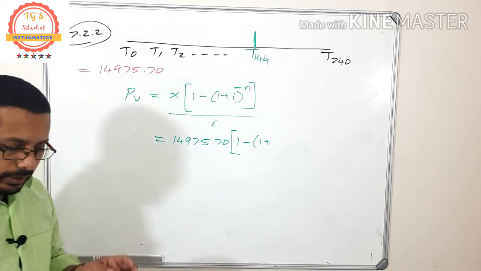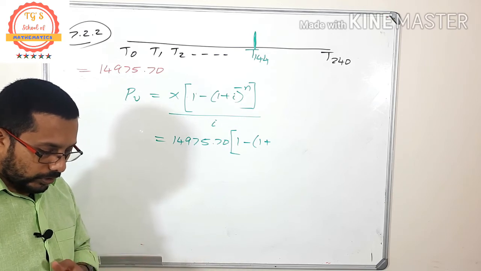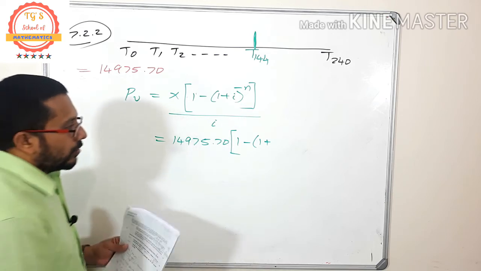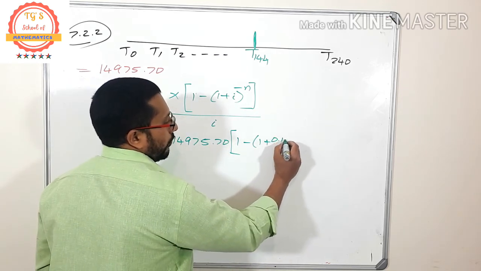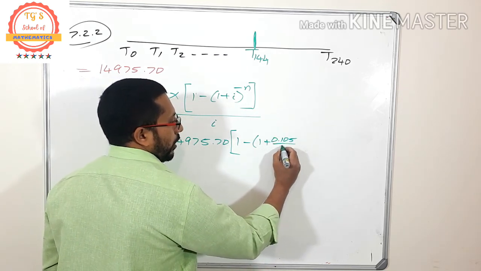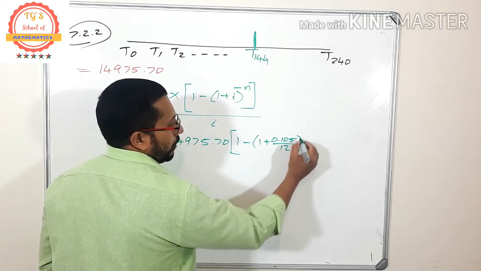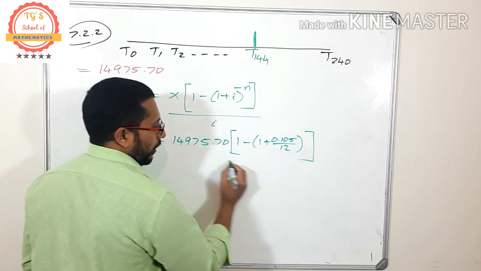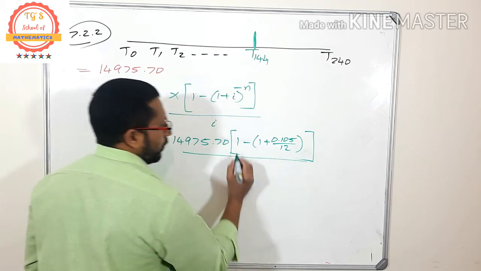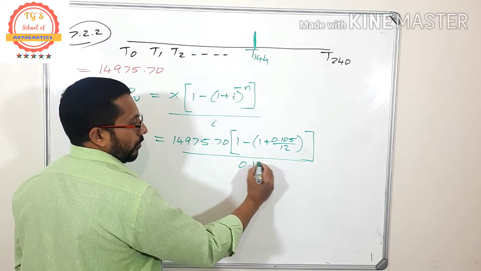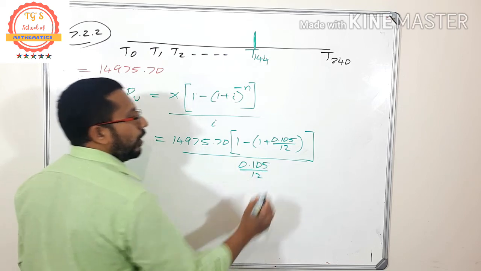Since this one is the same question, same interest rate, 10.5% per annum compounded monthly. So 10.5 means 0.105, compounded monthly divided by 12, the whole raised to something, divided by I, 0.105 divided by 12.